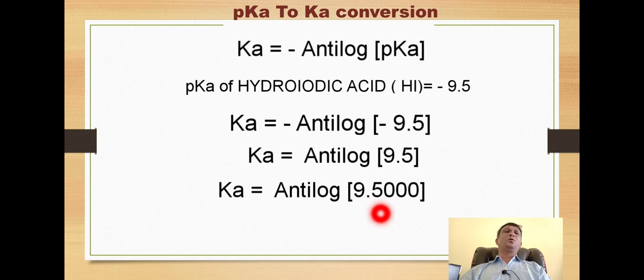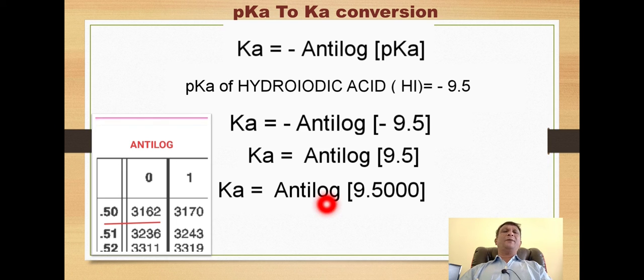That means we have to go for the anti-log value of 0.50 in the 0 column, and then we have to go for the value of mean difference in the 0 column. So here the value of 0.50 in the 0 column is 3162. So the answer is 3.162 into 10 to power 9.